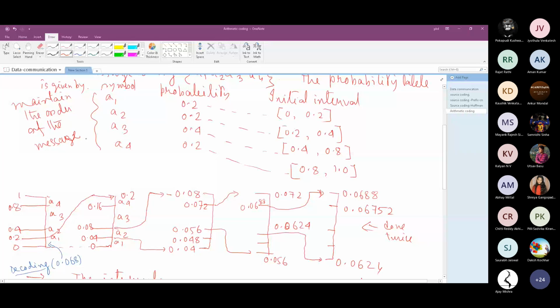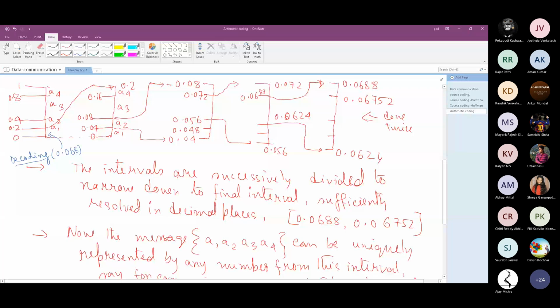So this gives A1 as the first symbol. Now we are here at 0.068, so we will make this the new value and divide the interval in the same fashion.